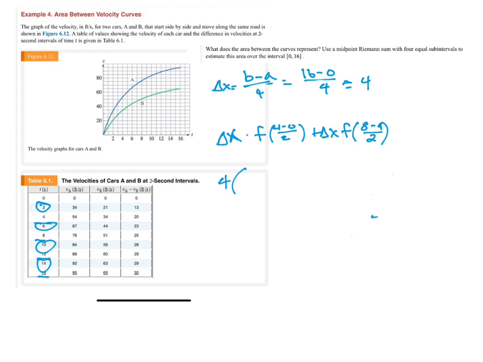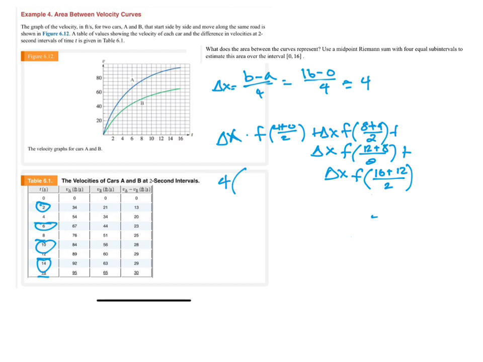And we just split the difference, averaging the two numbers: 4 plus 0 over 2, then 8 plus 4 is 12, divided by 2 would be 6, plus delta x times f of 12 plus 8 over 2, which would be 10, plus delta x times f of the last one, 16 plus 12 over 2. 16 and 12 is 28 over 2, which is going to be 14.